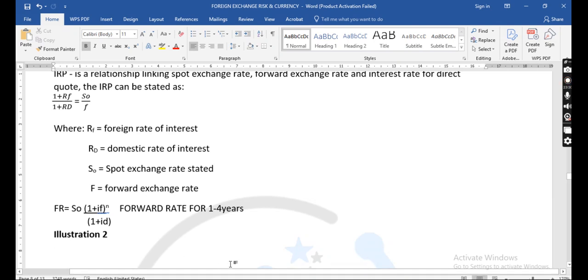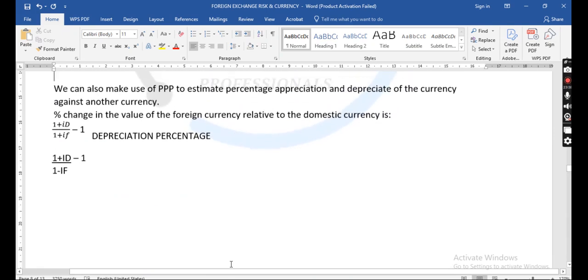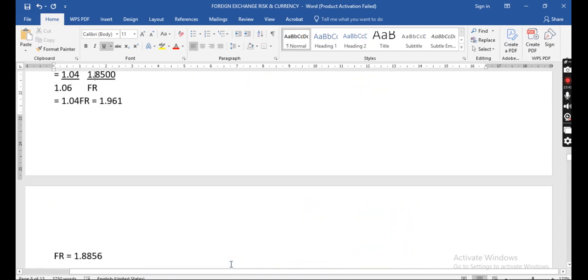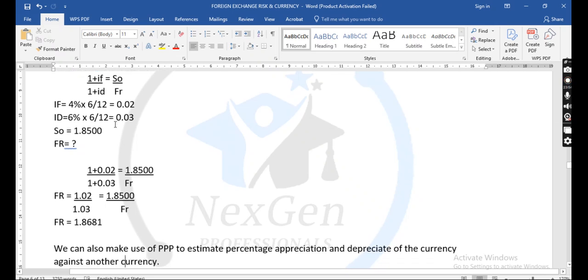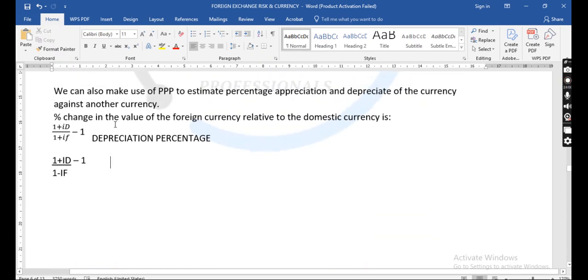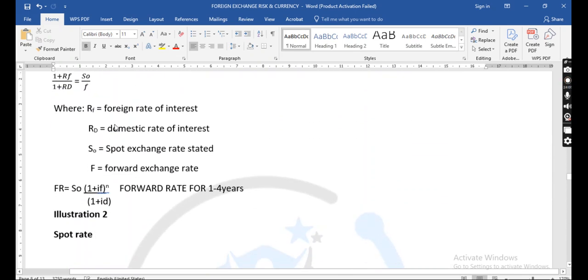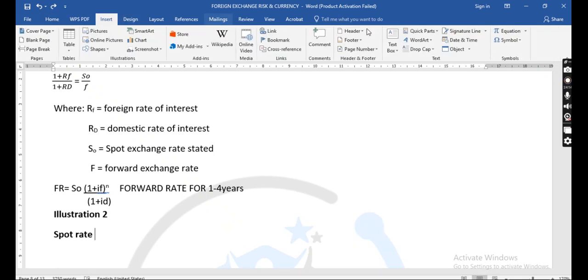Okay. Let's say we have spot rates. Dollar is equal to 1.058.